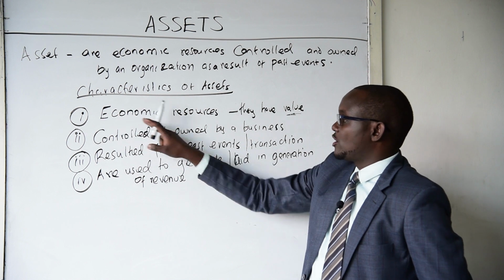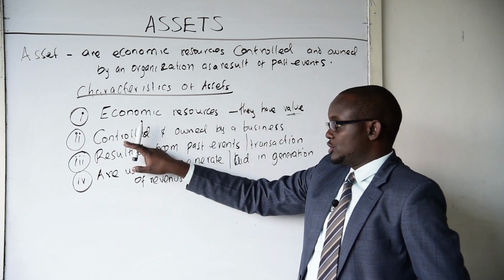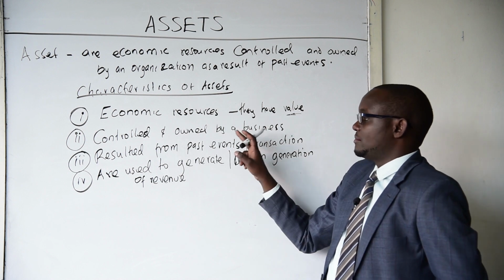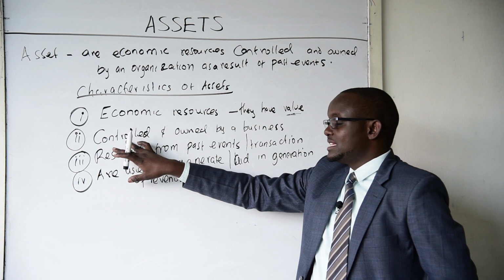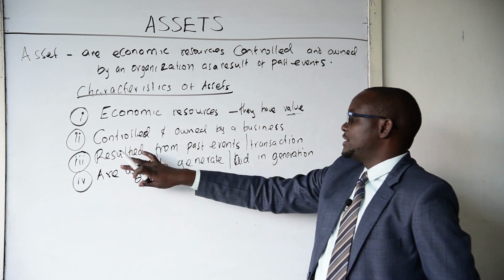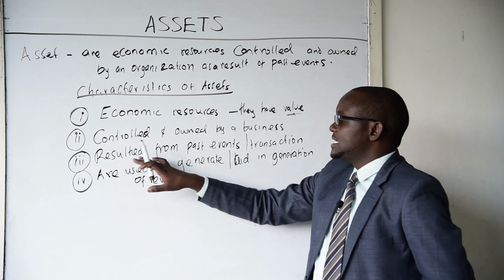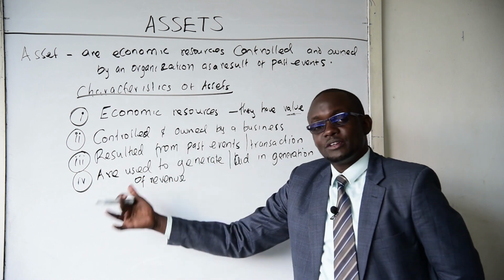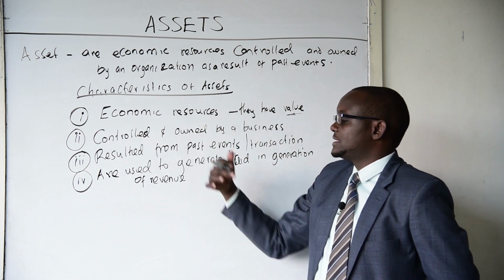So these are the main four characteristics of assets. They are economic resources because they have value. They are controlled and owned by the business by virtue of belonging to the business, and the business is using these assets. They have resulted from past events by virtue of the fact that these assets did not naturally find themselves in the business. Something happened for them to belong to that business.